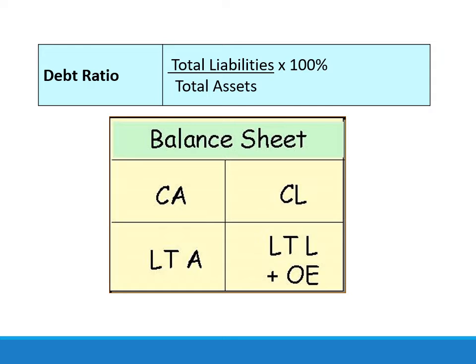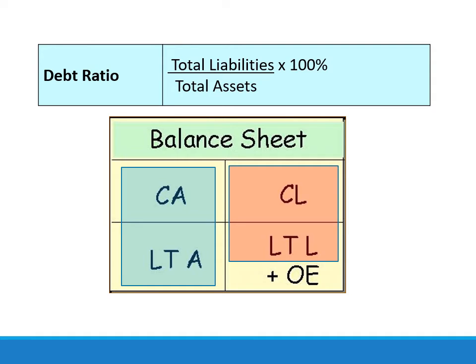The total liabilities can be found on the right side of the balance sheet, the red highlighted portion: current liabilities plus long-term liabilities. The total assets are on the left side of the balance sheet, highlighted in blue: current assets plus long-term assets. So you can see the relationship between them.